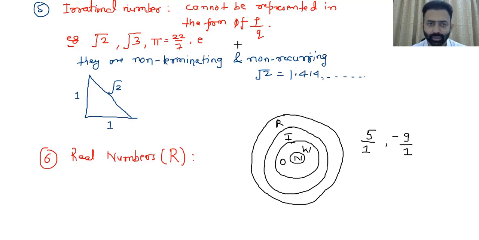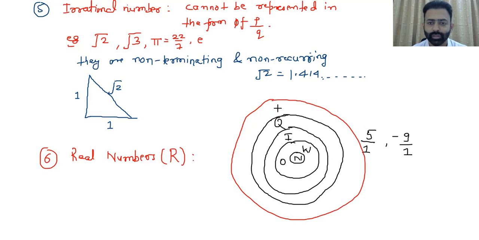And this is not R, this is Q. This is Q, and the superset of all these, the last set of the number system, is your real numbers. And somehow in between these there are irrational numbers also.